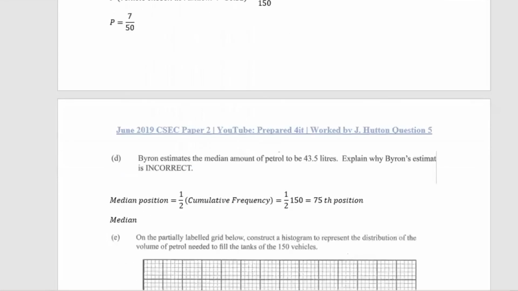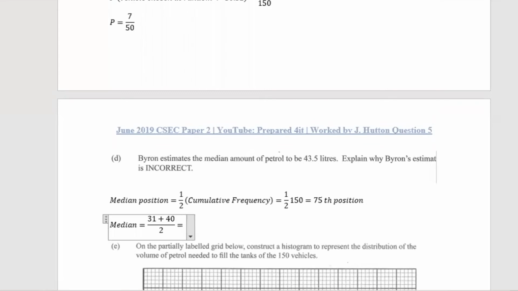So the median is equal to 31 plus 40, divided by 2. And when you do that, 31 plus 40 is 71. So it is 71 divided by 2.